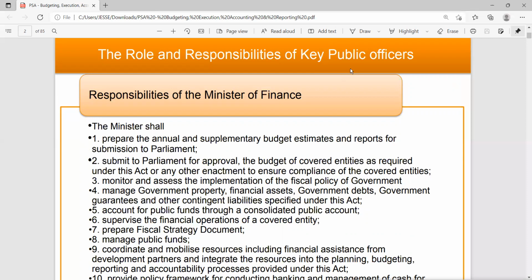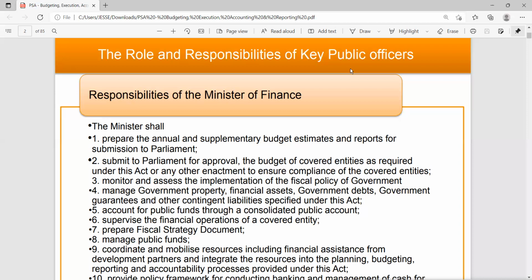So the Minister of Finance, these are a couple of things he does. I outlined them here. He prepares the annual and supplementary budget estimates and reports for submission to Parliament. So the minister is responsible for preparing these budget estimates and not only leaving it at that, but he reports submission to Parliament. And that's why every year you see an annual budget reading in Parliament.